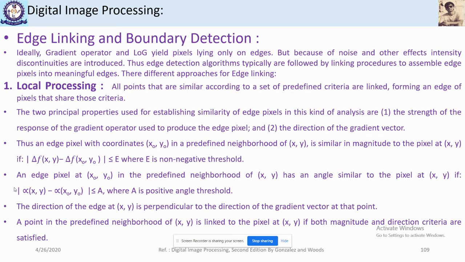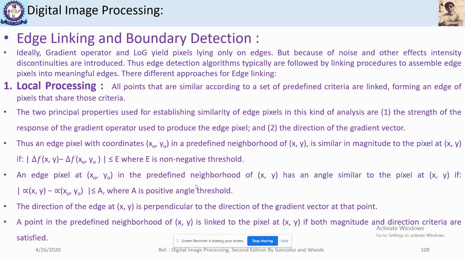The same condition is applied for the angle of the gradient at these two particular locations. If the difference between the angle at the pixel xy and the angle at the pixel x0 y0 is less than or equal to a particular threshold, then we can say these two pixels are angle similar, and this satisfies the second condition also, that is, the direction of the gradient vector.